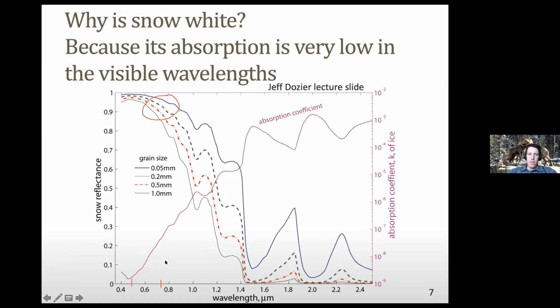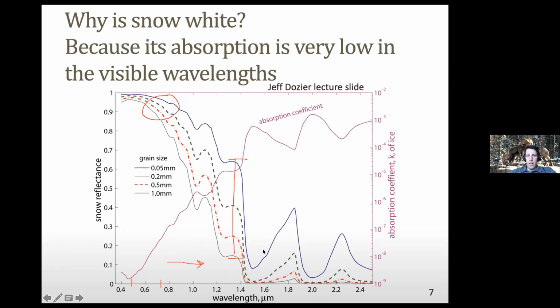But as you go into the longer wavelengths out here, that reflectance starts to drop off, no matter what the grain size is. But the split between the small and the big grain sizes becomes really big, right? Like right here at this 1.3 micron feature, for instance. And you can see this is a really wide range.